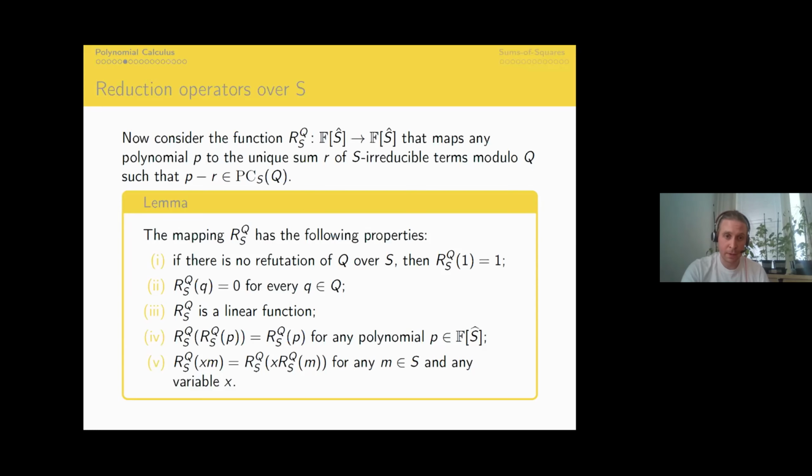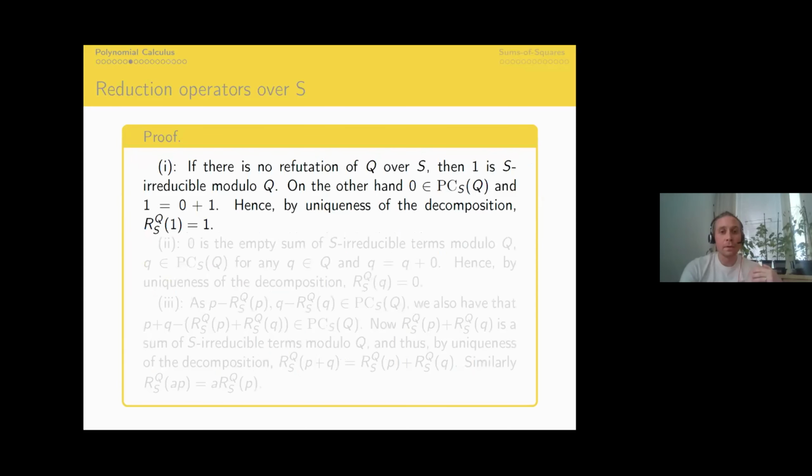Okay. So when you're going to prove it. Again, if there's no refutation of Q over S, then 1 is S irreducible modulo Q. And here it is important that 1 is really the least element according to the ordering, so that it is actually S irreducible modulo Q. Well, on the other hand, of course, we have that 0 is provable.